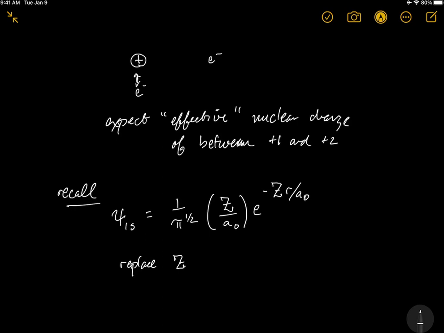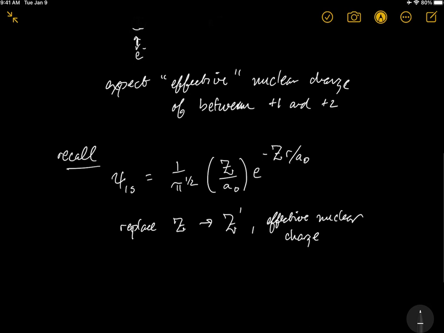So we can replace Z with an effective nuclear charge Z prime, and then that will help simplify things. We end up with the same wave function that we use for the hydrogen case. We've introduced a variational parameter without adding a lot of complexity to our system.